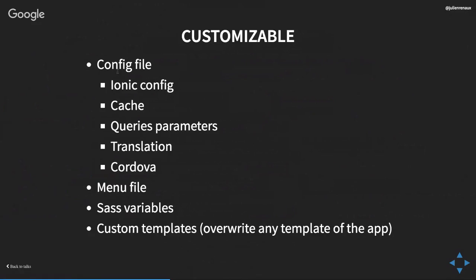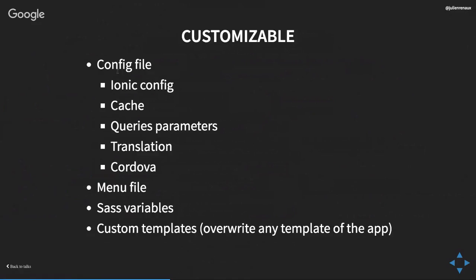For instance, if you don't want the posts or the pages to be sorted by date descending, you can change it to date ascending or anything you want. You can select the languages you want to be shown in your application. And you can also configure all the Cordova plugins that it uses. We're going to see the list after this slide.